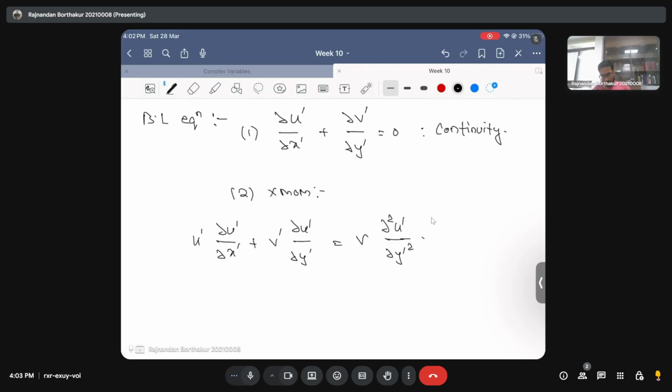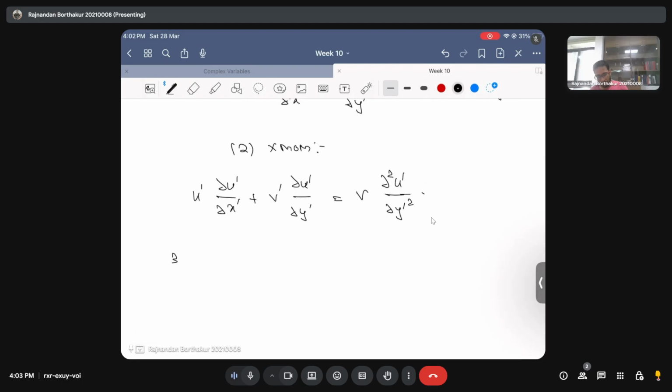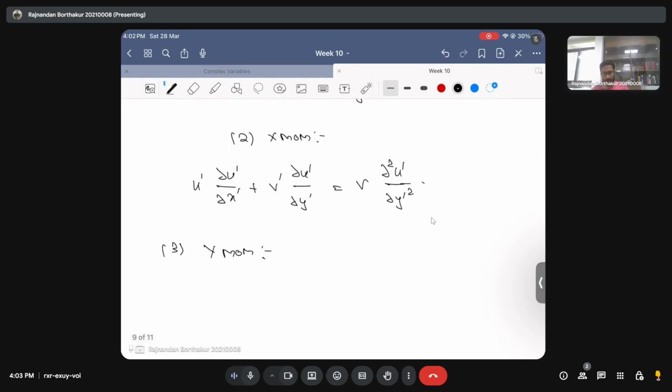And the y momentum equation is important, but it doesn't relate the velocity, because it simply reduces to del p prime by del y prime equal to 0, which just means that p prime is not a function of y.